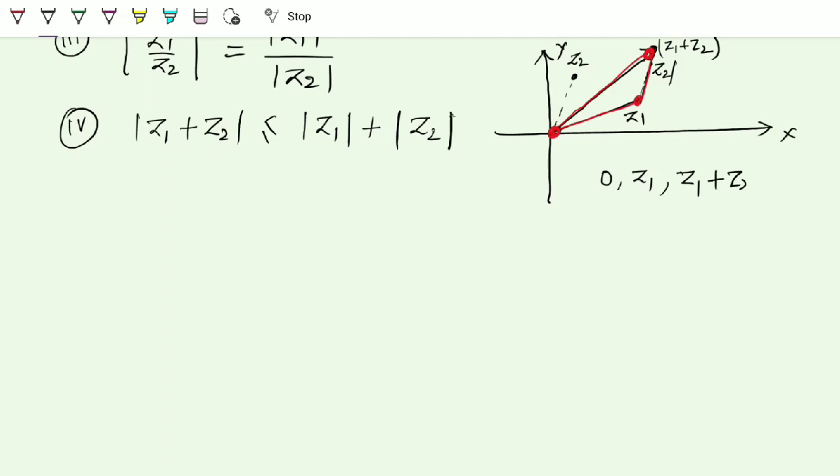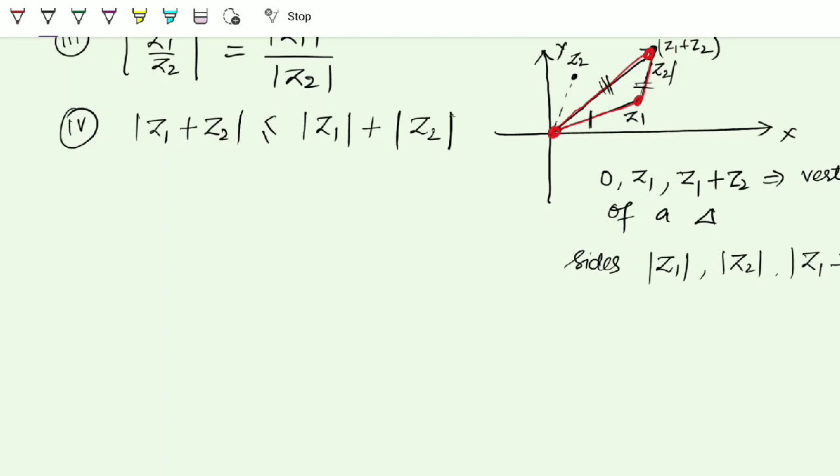0, z1 and z1 plus z2 will be the vertices of a triangle having sides equal to: the length of this side will be equal to mod z1, the length of this side is equal to mod z2, and the length of this side is equal to mod of z1 plus z2.